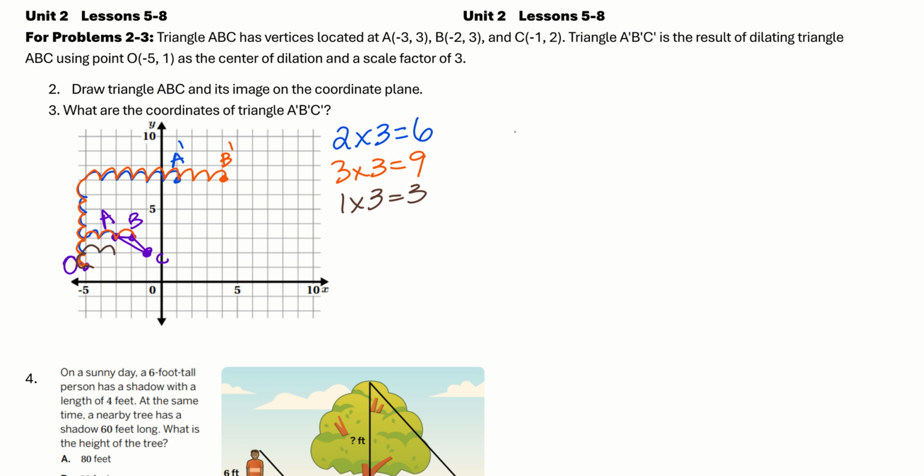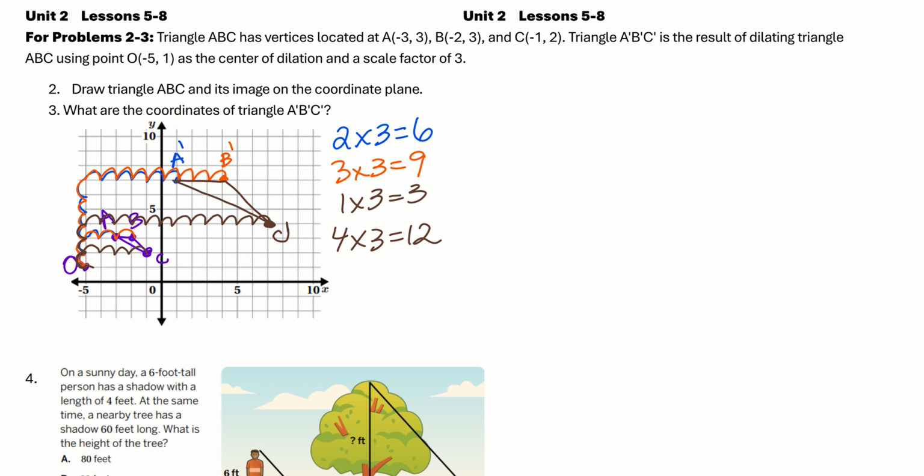And it's 1, 2, 3, 4. 4 times 3 is 12. So notice anytime I didn't have a number, I went and multiplied it. So I counted, multiplied, counted, and then right, I'll have to count again. So now I have my new distances. So 1, 2, 3, then 1, 2, 3, 4, 5, 6, 7, 8, 9, 10, 11, 12. C prime. And now I can connect them.